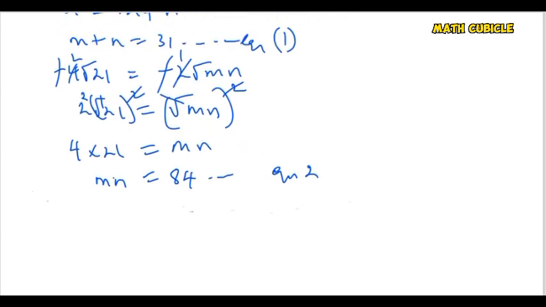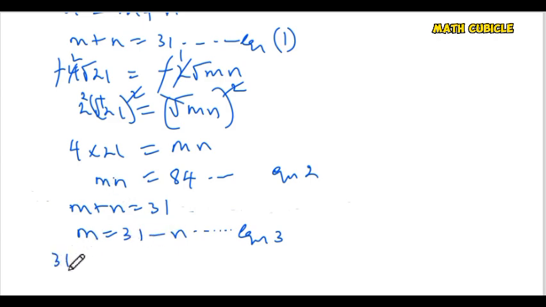Equation 2. So from equation 1, m plus n is equal to 31. So m is equal to 31 minus n. Let's call this equation 3. Now we'll plug this into equation 2. So anywhere we see m, we'll replace it with 31 minus n. So this becomes 31 minus n, bracket n is equal to 84.